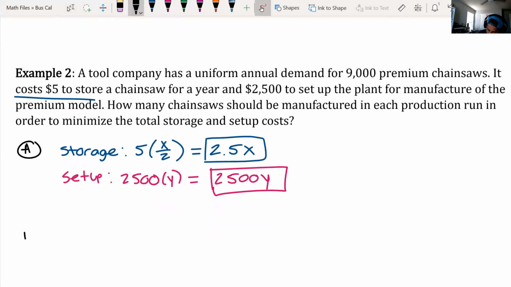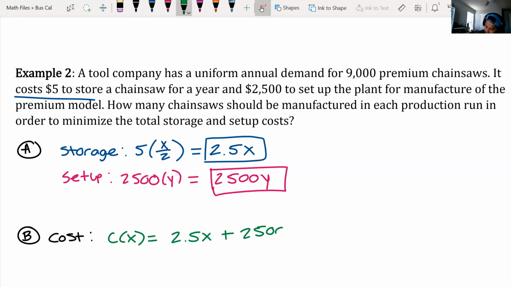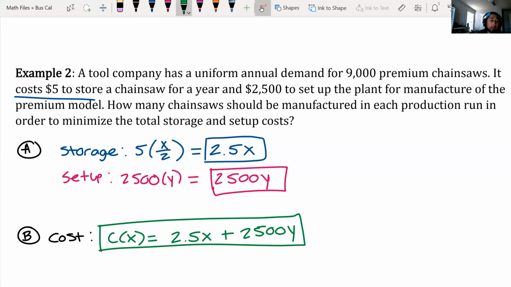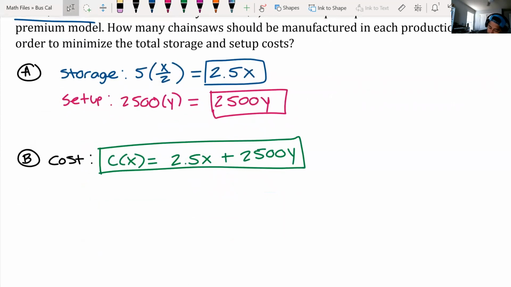B, make the cost function. So that means that C of X is going to be storage costs plus setup cost. And there's the cost function. And now we have to make a substitution using the demand equation.